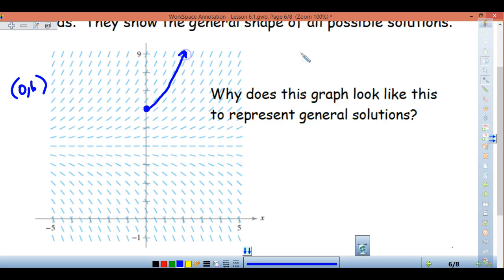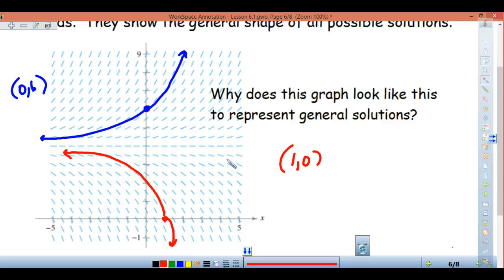So roughly that part of the curve is going to go up there, and this part here is going to be going down this way. Or what if it had said that there was a particular solution that went through the point 1, 0. So I go here, and then I just kind of follow these as tangent lines. And something about like that. So you just follow those. It kind of feels like to me like a connect the dots. You're just kind of following those to get a general shape for the particular solution.